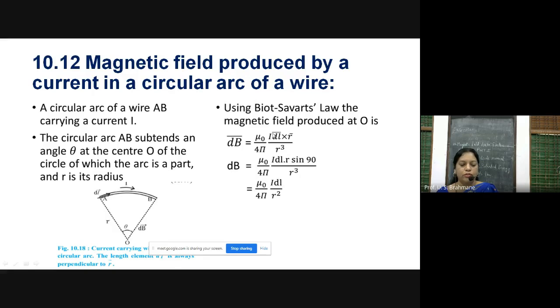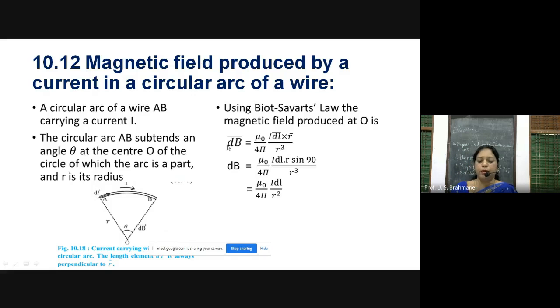First for the small element, then for the circular arc, and then for a whole circle, by integrating these values of dB. Because we'll take the small elements and add them up, and we'll get the value of the magnetic field due to the whole circle at the center O.